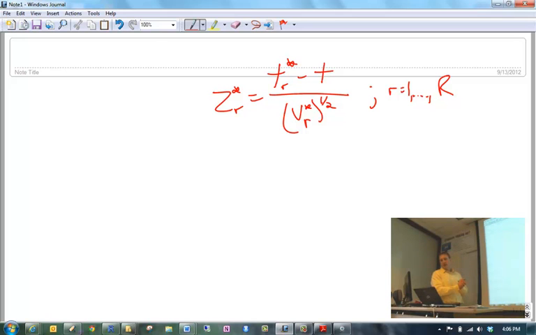So, for example, let's say that T is equal to Y bar.